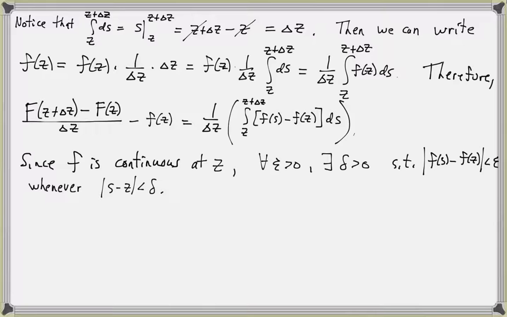Now, remember, we're taking the limit as delta z approaches 0, so we can choose the value of delta z so that z plus delta z is within distance delta of z. So choose z plus delta z close enough to z so that the distance between those two points, the absolute value of delta z, is less than delta.